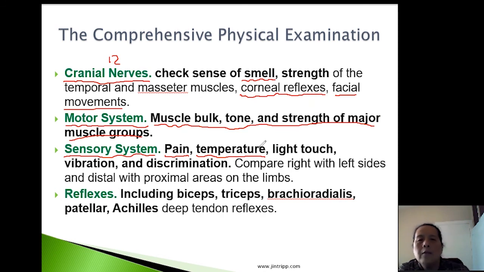And also they can feel a slight touch, and tell you where you touched. They can also tell you about vibrations and the movement of different limbs. And then the reflexes. We normally have some basic reflexes.